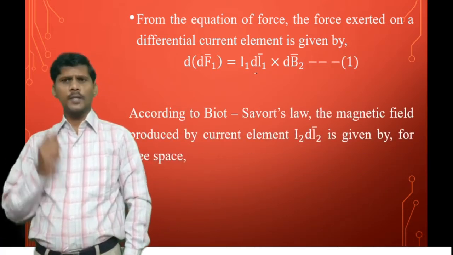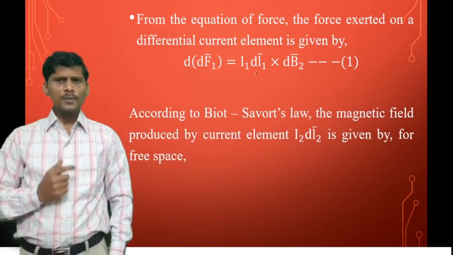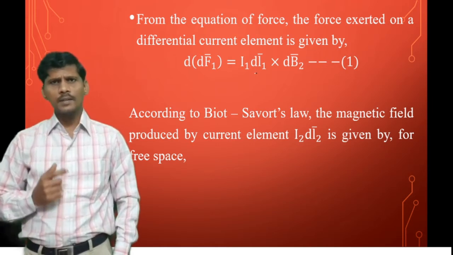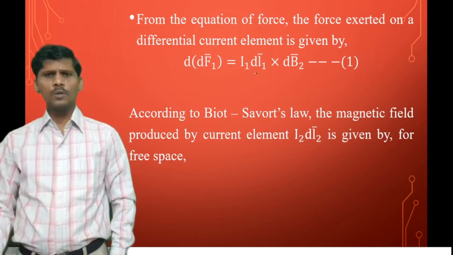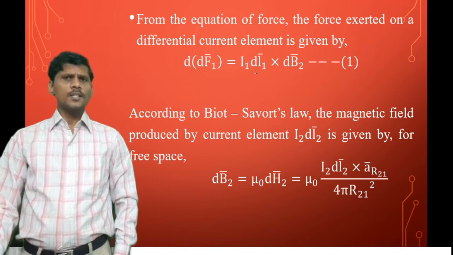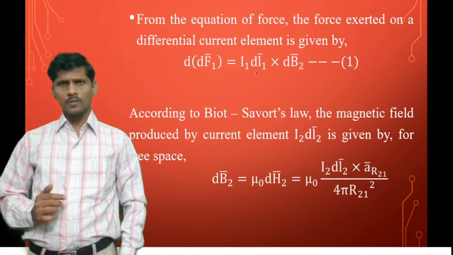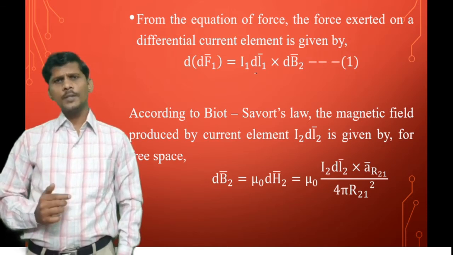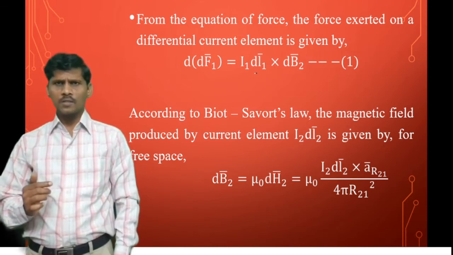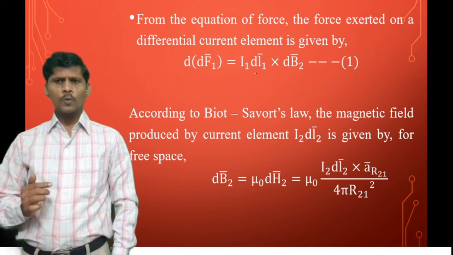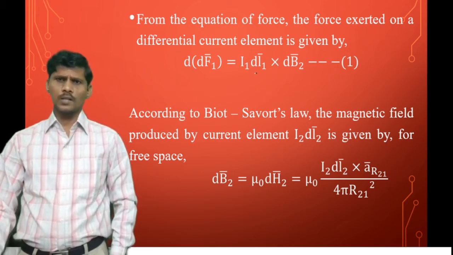According to Biot-Savart, the magnetic field produced by current element I2 dl2 bar, for free space, is dB2 bar equal to mu naught into dH2 bar, that is equal to mu naught into I2 dl2 bar cross aR21 bar by 4 pi R21 square.